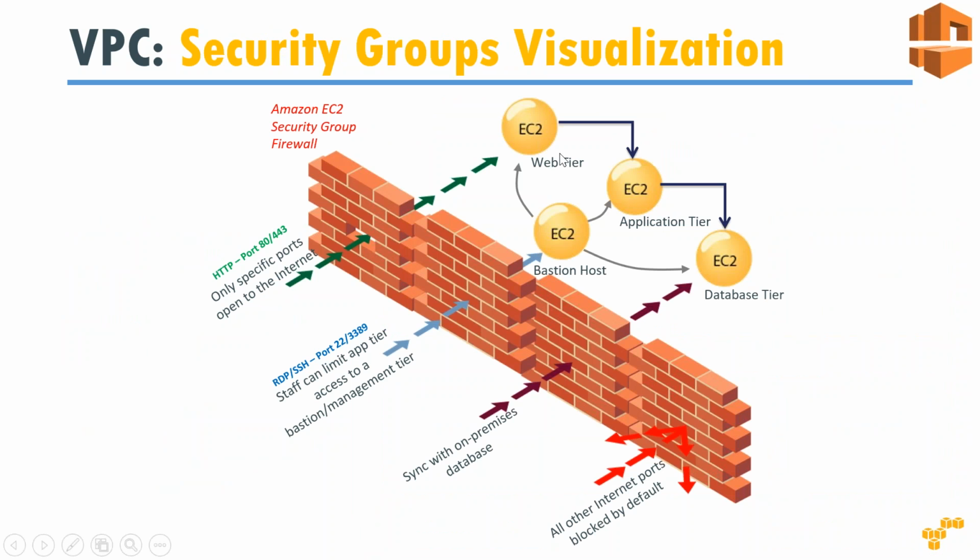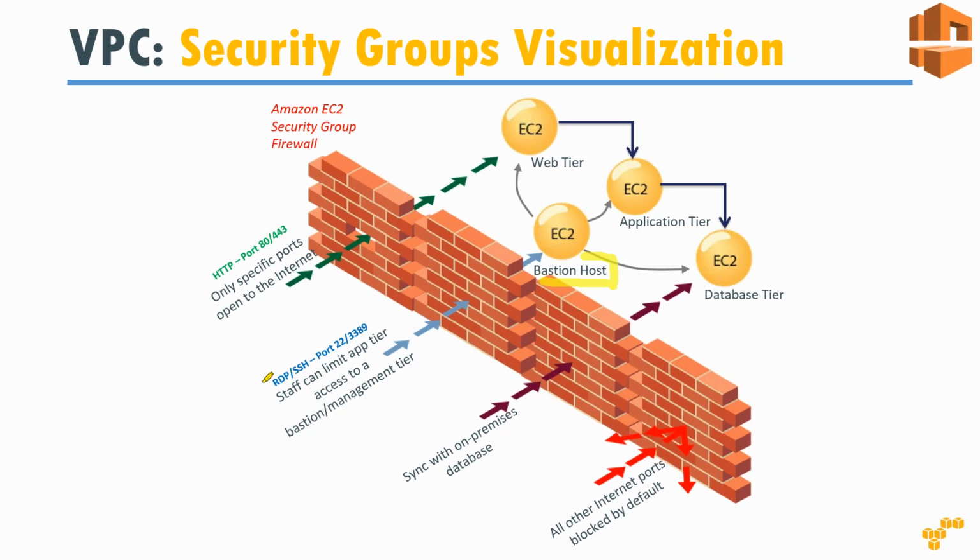Say, for example, you have an EC2 which is in a web tier. So what you do is you open your port 80 and 443 traffic, and when port 80 and 443 traffic is open, only that traffic is allowed to that web tier. Whereas you have a bastion host or jump server or anything that you might be familiar with in your production infrastructure, it is to connect to other servers.